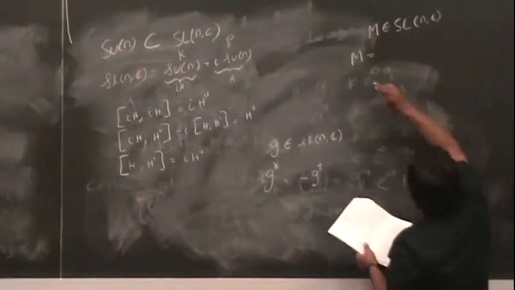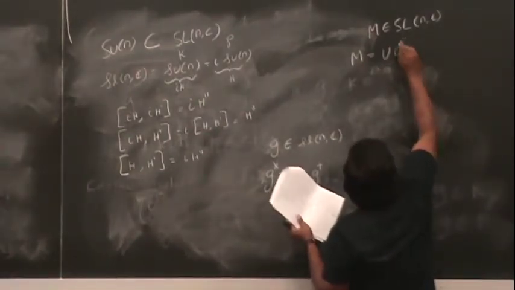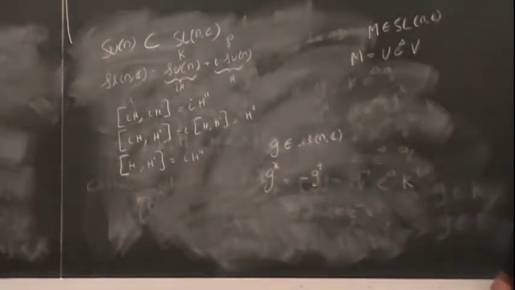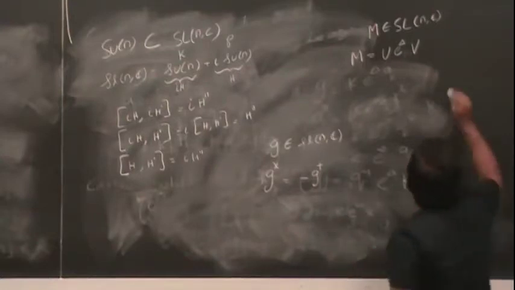So M is nothing but U e to the delta V, where e to the delta is a diagonal entry, and V is unitary. This is the KAK decomposition.